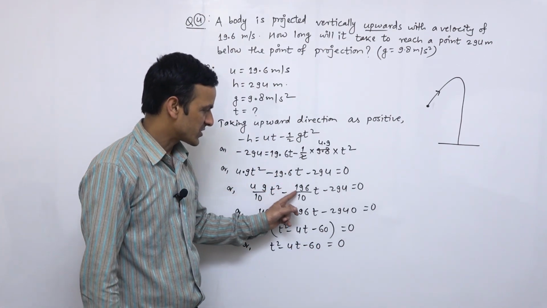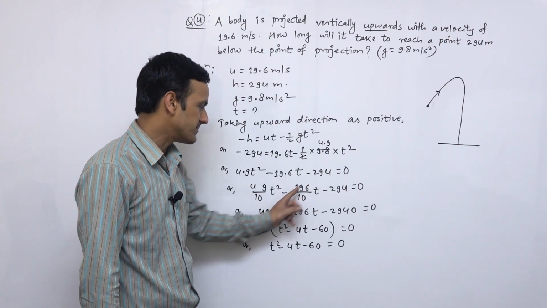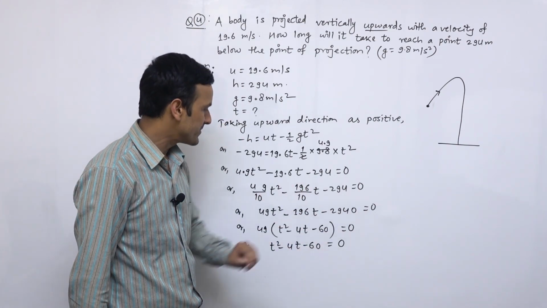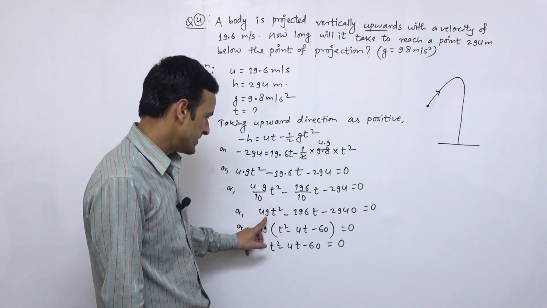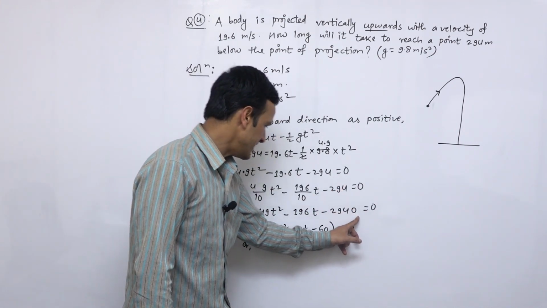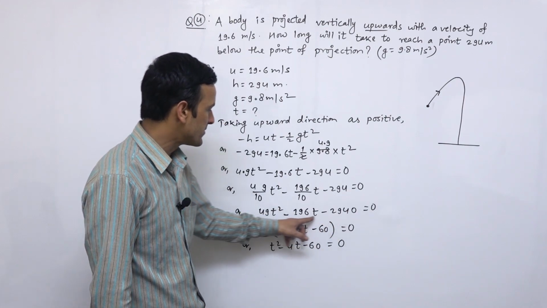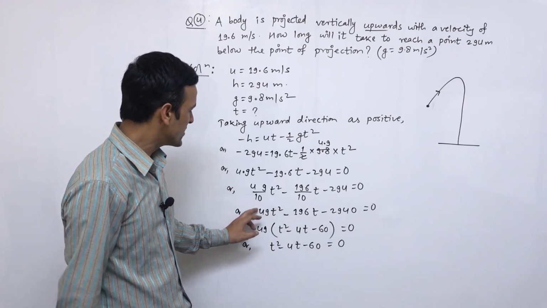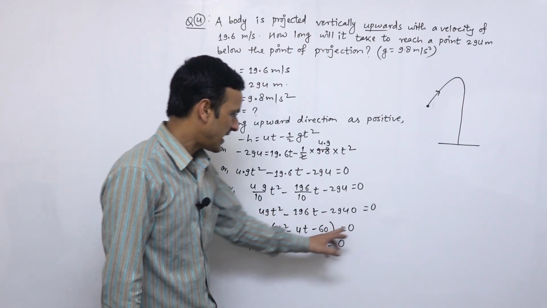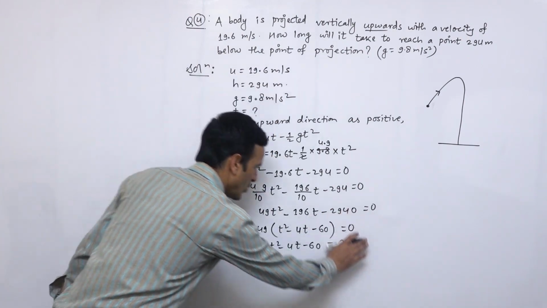So here, first of all remove this decimal by taking 10 as LCM, and after taking the LCM, multiply by 10. So all the numbers are divisible by 49, so we can take out 49 common and it goes to 0 upon 49.